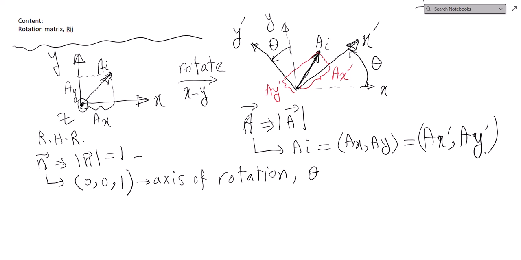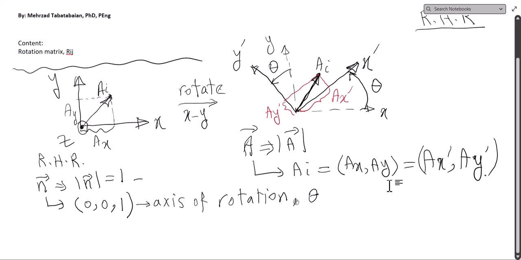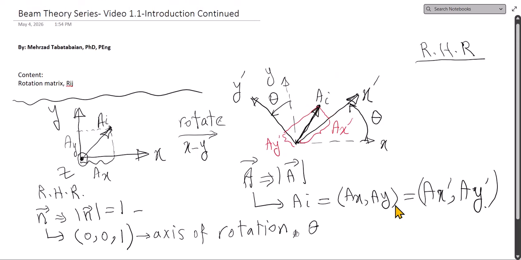Now you may say that I want to go in the opposite direction. If you go in the opposite direction, basically you rotate by minus theta, and the axis of rotation will be 0, 0, and minus 1. So how to find the axis of rotation? You follow the right hand rule, then you go x over y, and then your thumb will be upward or out of the screen, which is in the direction of the z.